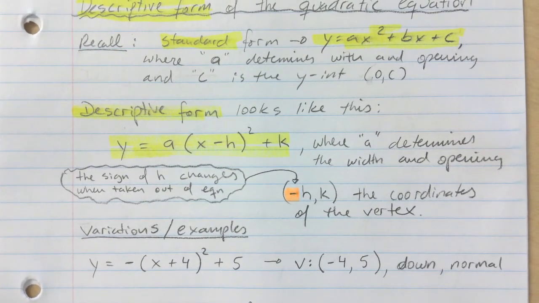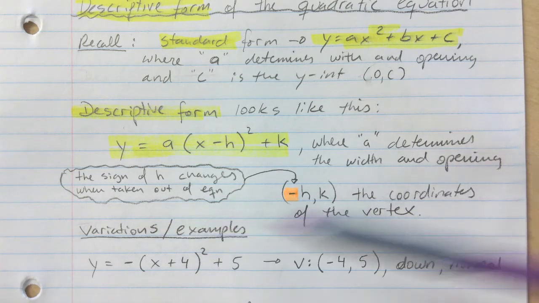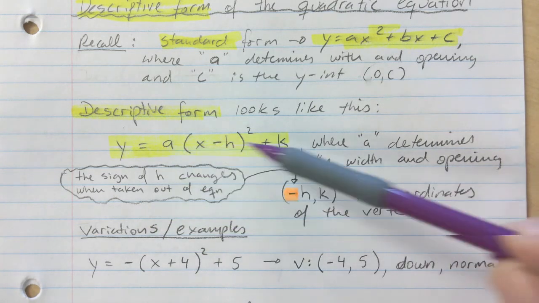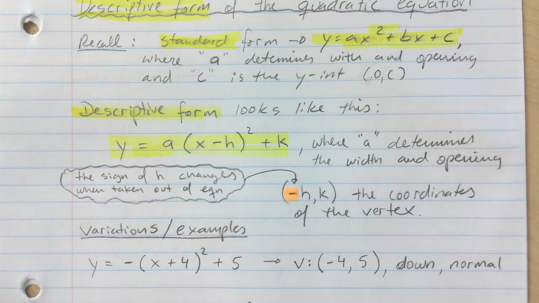So here are some examples. So variations of the descriptive form. Okay. Sometimes some textbooks call it the vertex form as well, so it's the same thing.